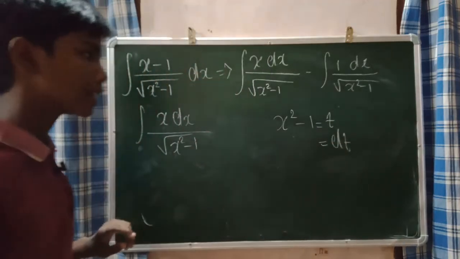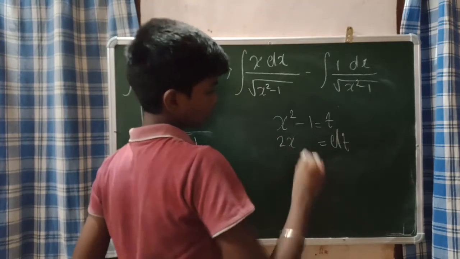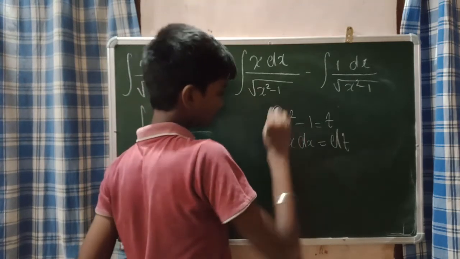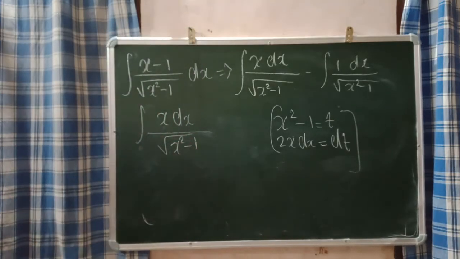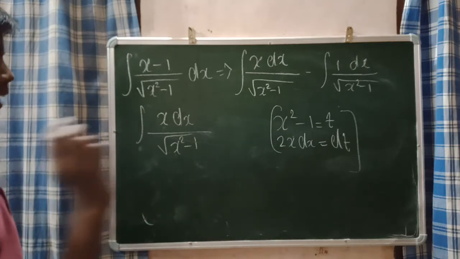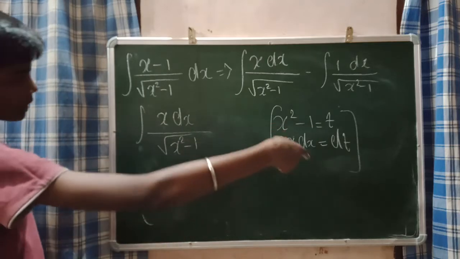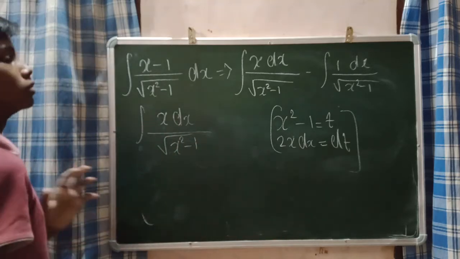The differentiation of x square minus 1 is 2x. Correct now? 2x dx will be your dt, because the differentiation of x square is 2x and the differentiation of 1 is 0, because the differentiation of any constant is 0.